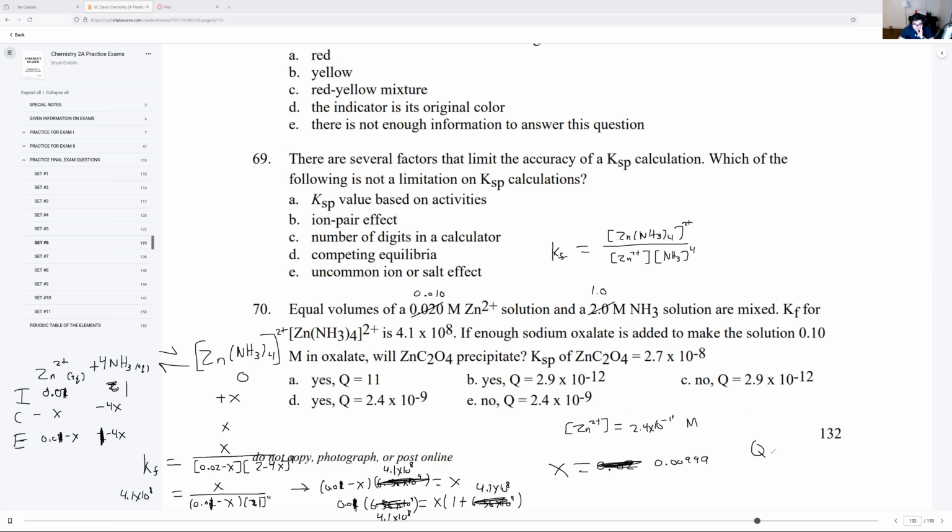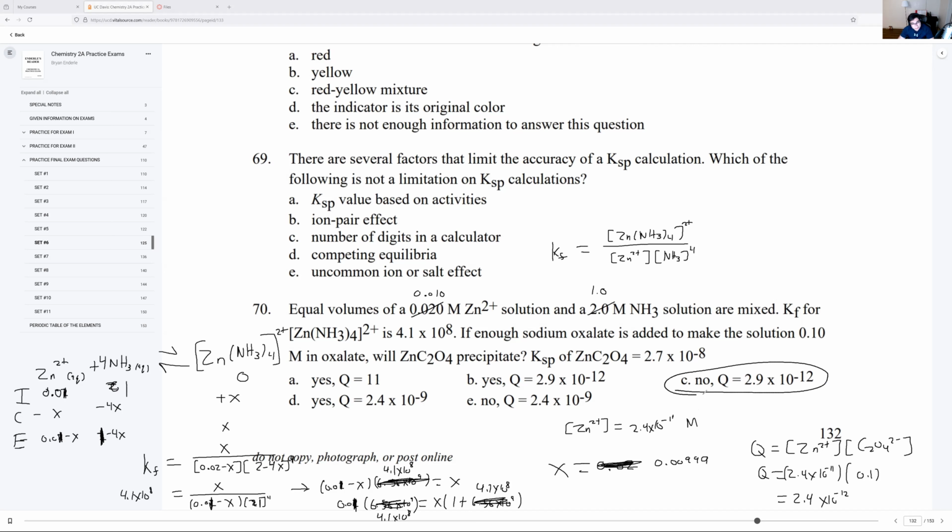So the Q for the Ksp here is just the zinc concentration times the oxalate concentration. And then we just compare it to Ksp. So let's see, 2.4 times 10 to the negative 11 times 0.1, and that's going to be 2.4 times 10 to the negative 12.